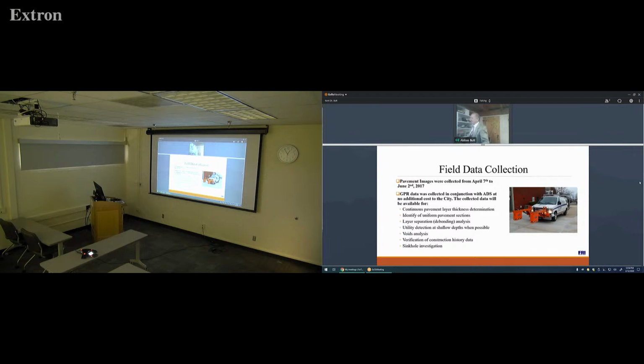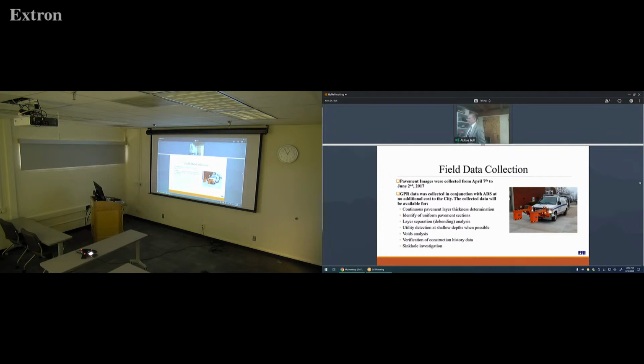In this case, we knew some locations in the field where the city found sinkholes, and we put cones in that area, and when we were collecting the data, we tagged those points.